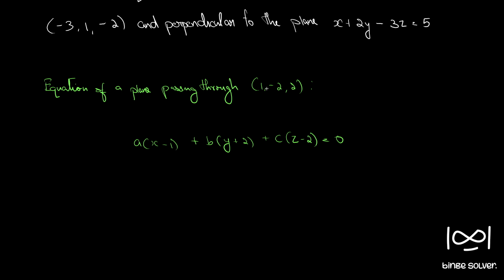Simply because if you apply (1, -2, 2) to this equation, this goes to 0. So this point satisfies this equation, and it is an equation with 3 variables. So this will be an equation of a plane that satisfies this point. We'll call it equation 1.